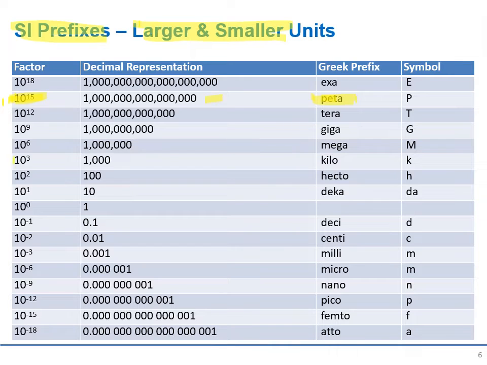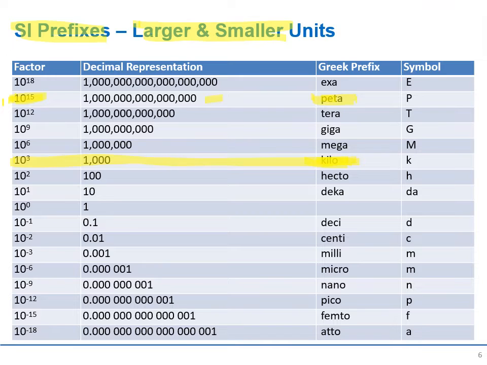You don't need to write 9 into 10 raised to the power 3 grams, because 10 raised to the power 3 is itself kilo. So 9 kilograms means 9 into 10 raised to the power 3 grams. Kilo is basically a Greek prefix, and we use it for the 10 raised to the power 3 factor.